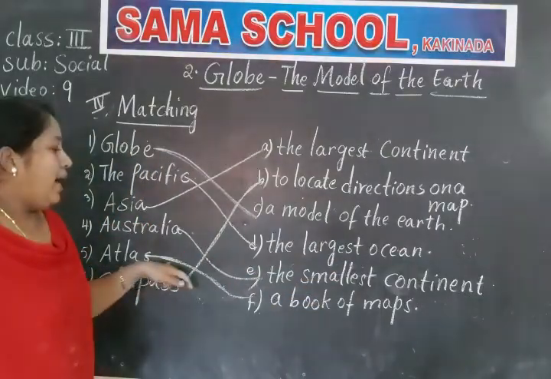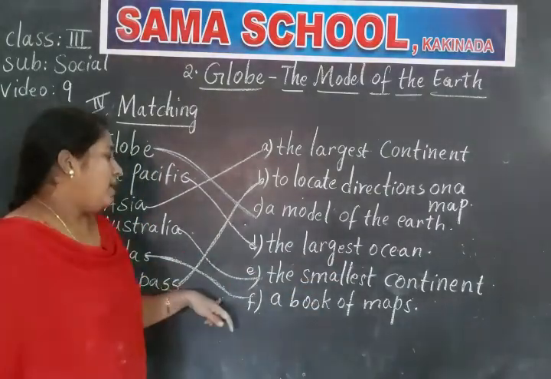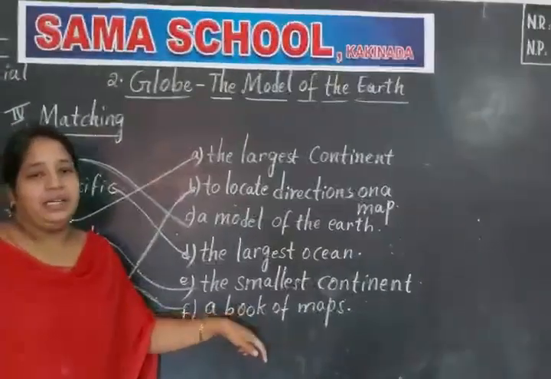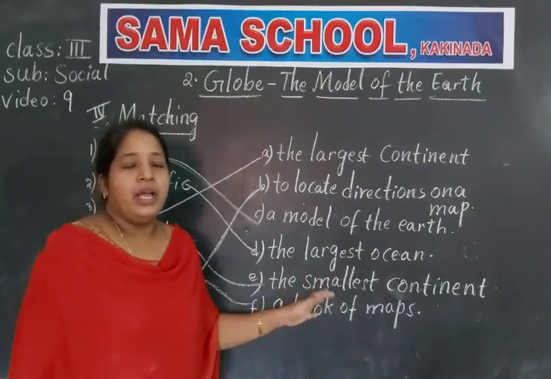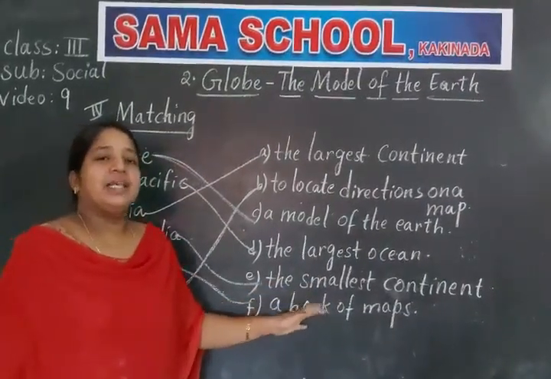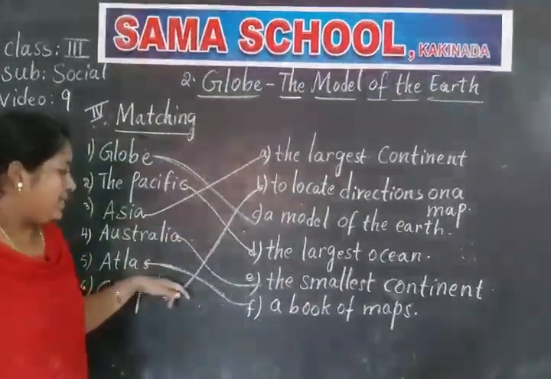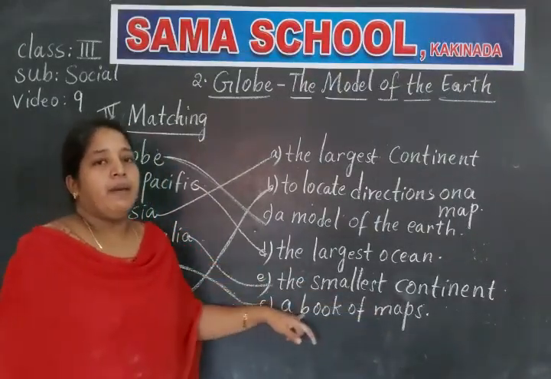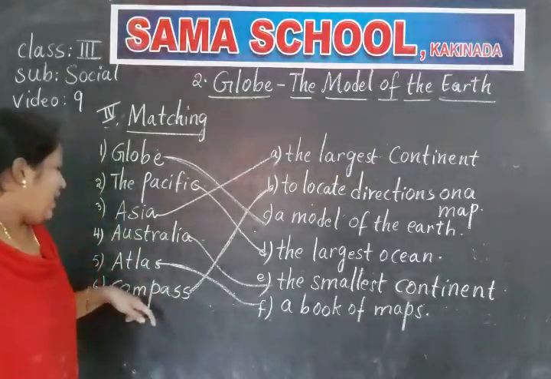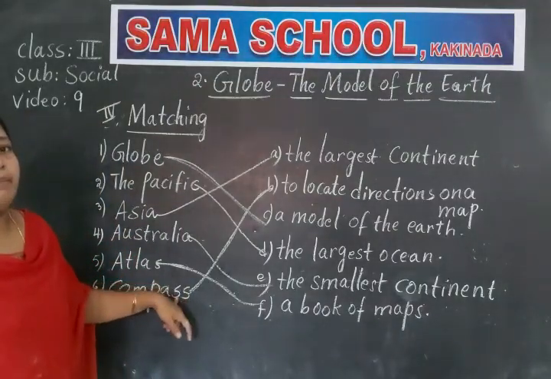And next one, Atlas. Atlas means a book of maps. It contains so many maps, all present in one book, and that book we call Atlas. And last one, compass.